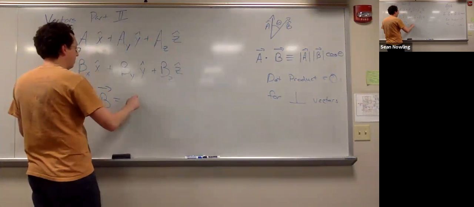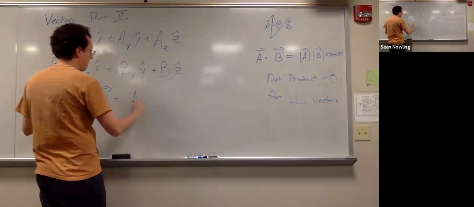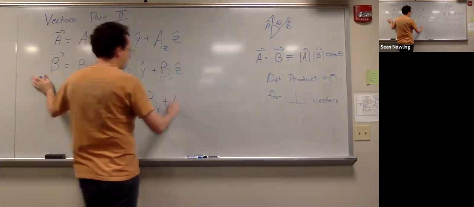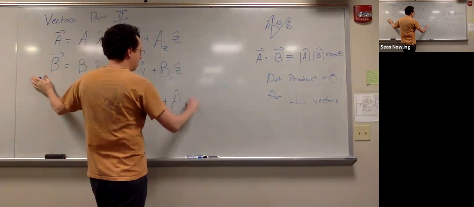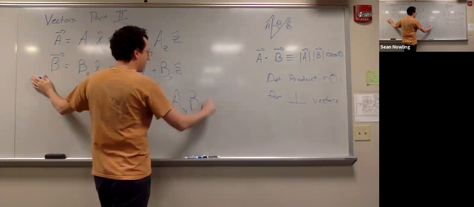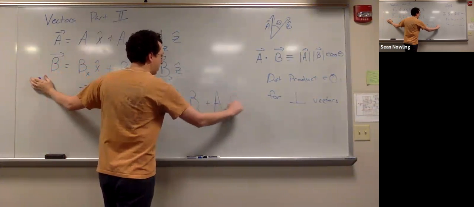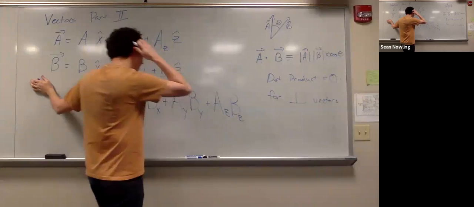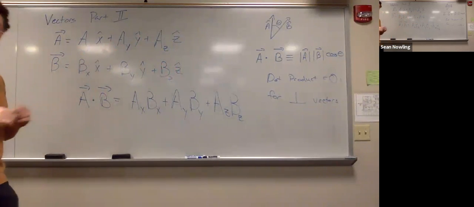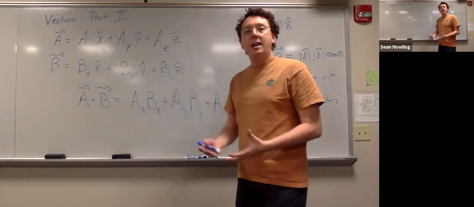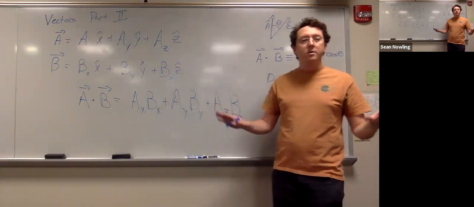So explicitly we would have ax bx plus ay by plus az bz. Okay? This is our formula for the dot product between any two arbitrary vectors.